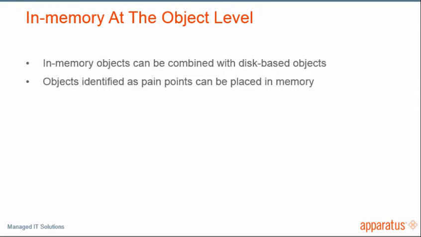One other thing to point out is that you have the ability to mix both disk-based and in-memory objects in a database. So if you have a single table that is causing you pain, you can put that table in memory and leave your remaining tables on disk. So it allows you to pick and choose and makes things simpler to remediate issues.